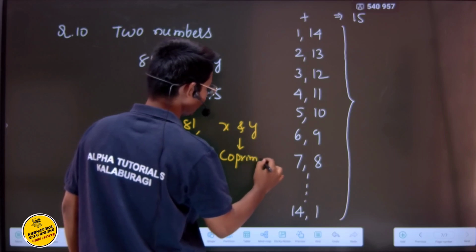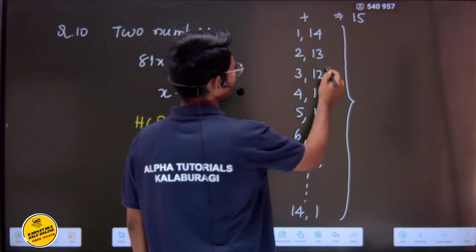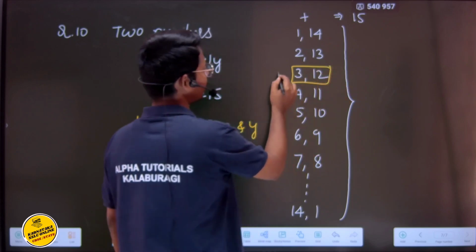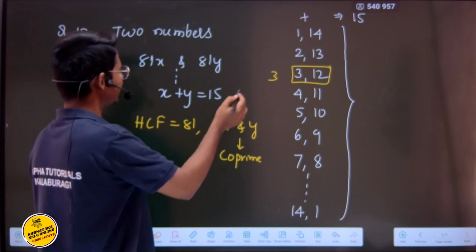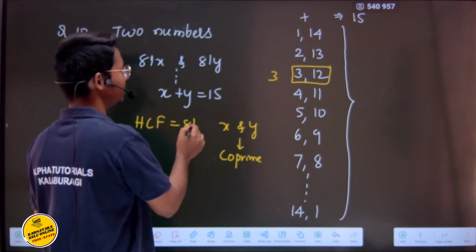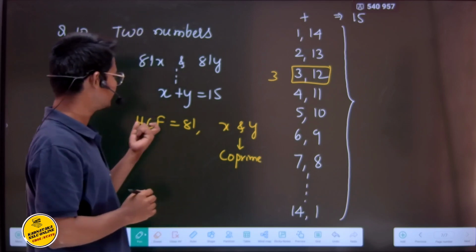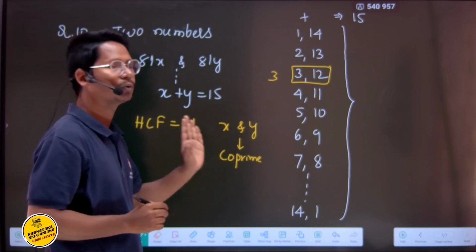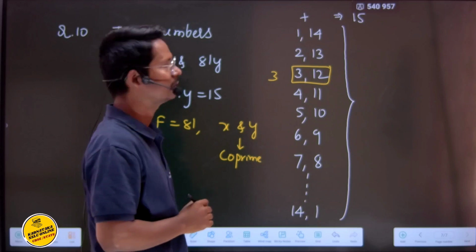There should not be any other common factors. Suppose I take 3 and 12, there is again a common factor 3. HCF is 3. So in that case, HCF is not going to be 81. It is again 81 into 3. So when HCF is given, x and y should be co-prime. You need to select only the co-prime pairs among the given options.